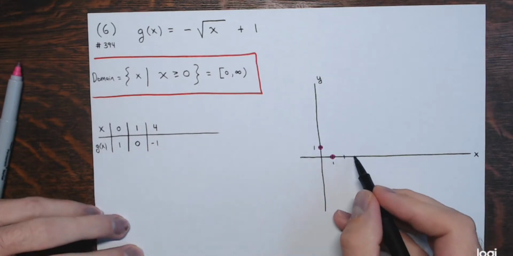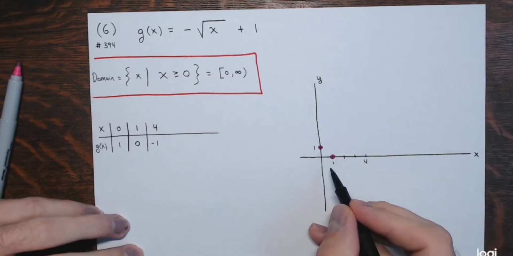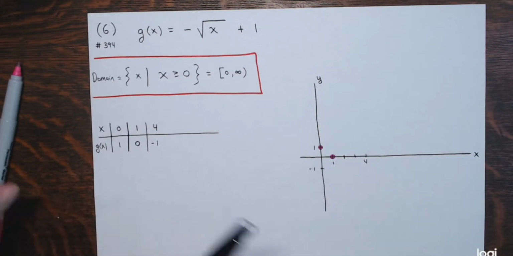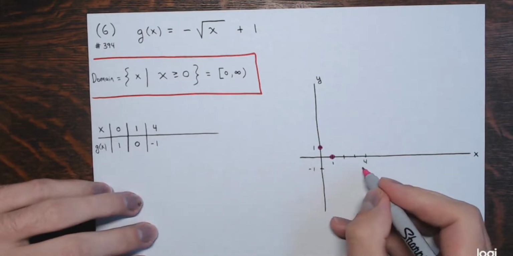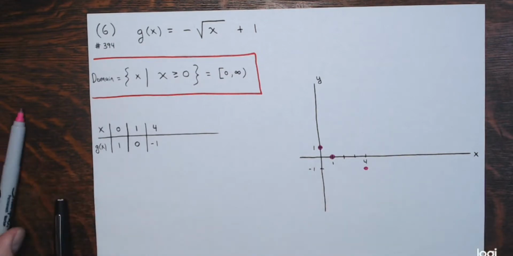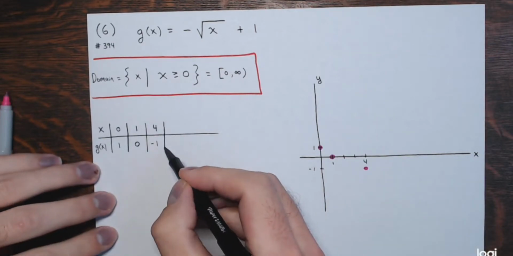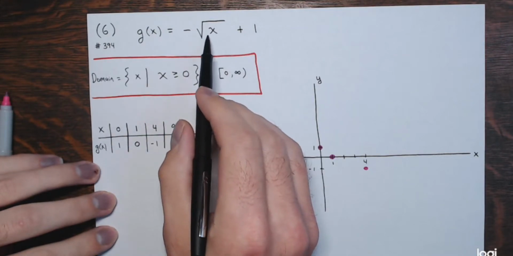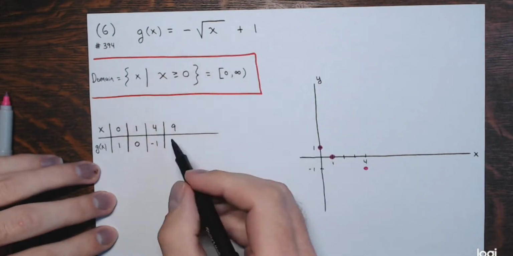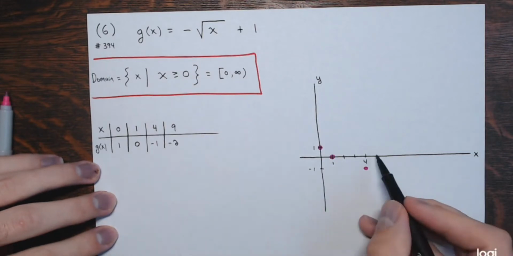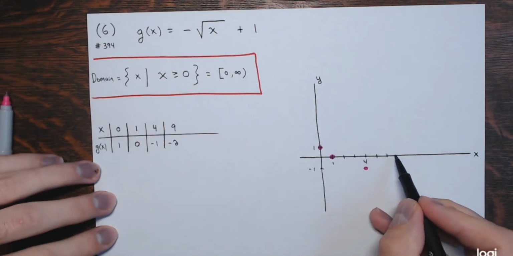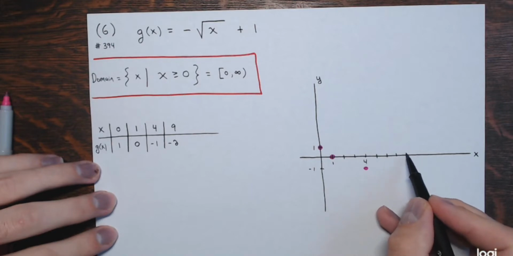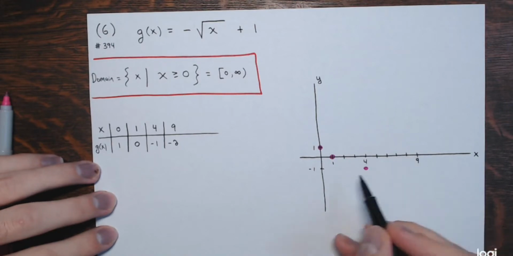So input 4, output negative 1. So that point there. Then I'll plug in 9, right? Square root of 9 is nice. So you'd have negative 3, right? Square root of 9 is 3. Negative 3 plus 1 would be negative 2. So input 9, output negative 2.